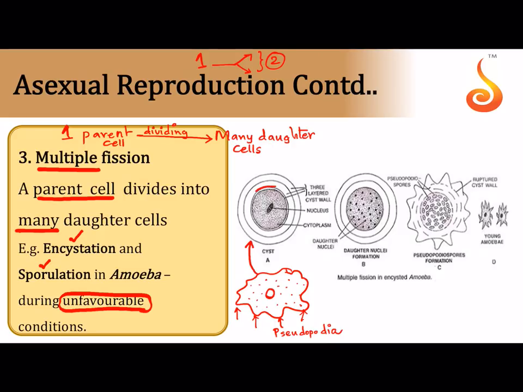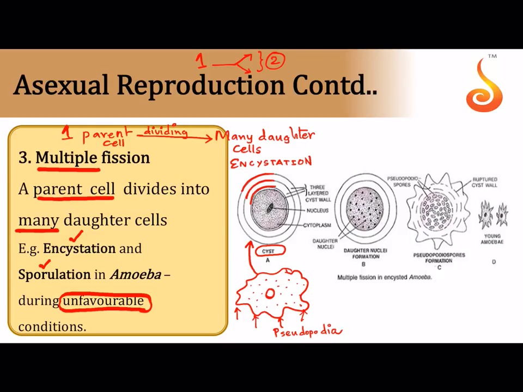And it develops a thick wall with 3 layers on it. This is called the cyst wall. See here it's mentioned cyst wall. So first it withdrew all its pseudopodia and then it develops a thick protective covering around it. And this thick protective covering is how many layered? 3 layered. And this process is called encystation.